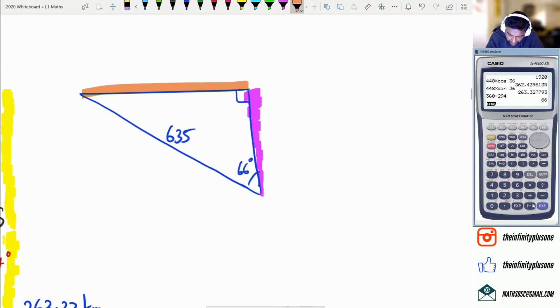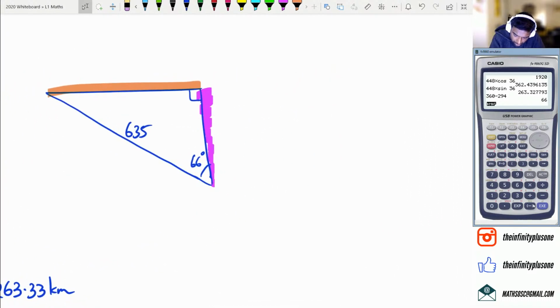So I'm going to now work out the pink and the orange for this. So what I've got here is, this is going to be hypotenuse, that's going to be opposite, adjacent. And again, I'm just using trigonometry, all right? So I want to work out adjacent first. So cos of 66 is adjacent over hypotenuse.